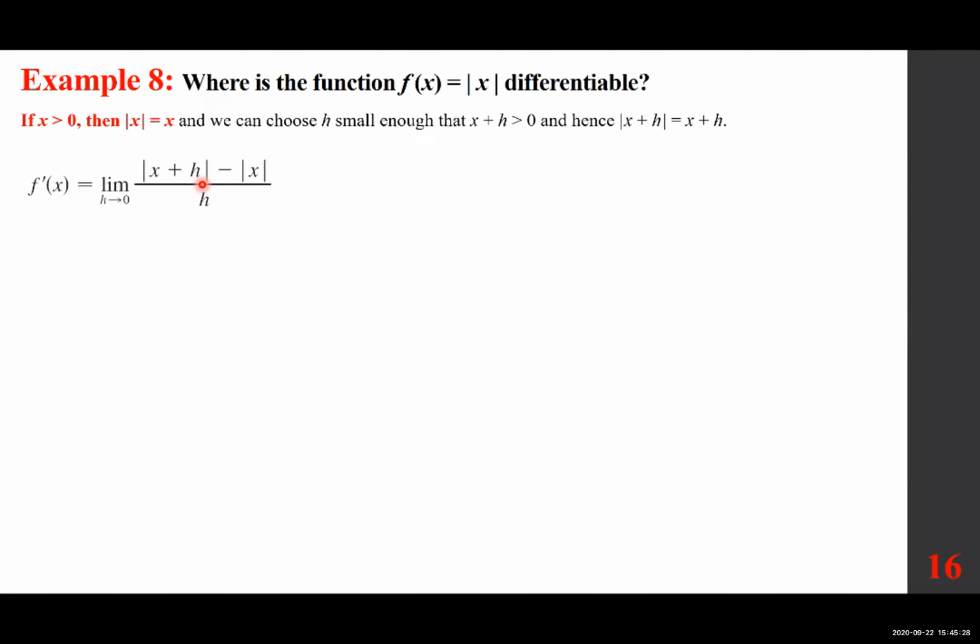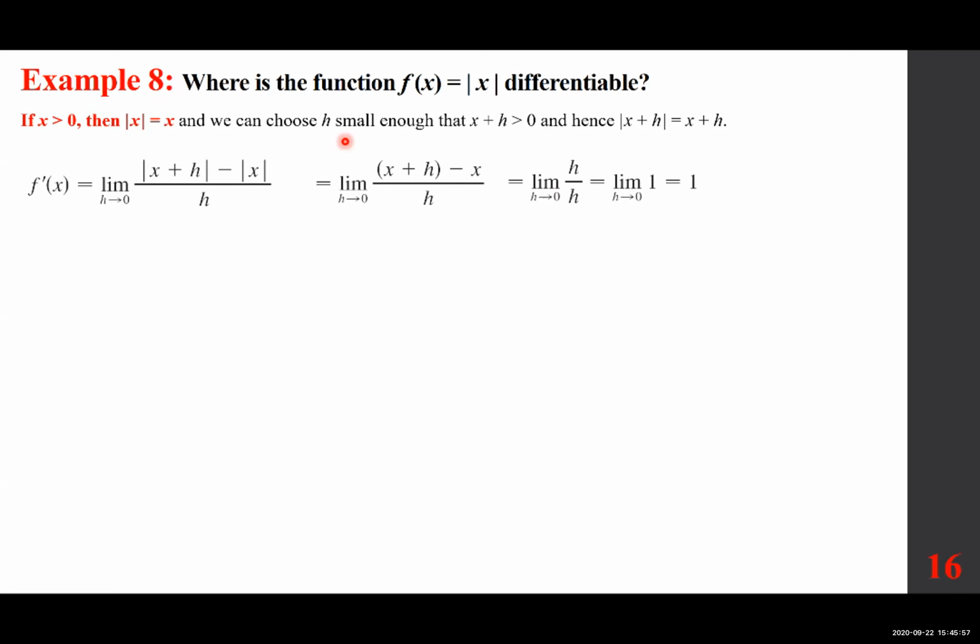And so that's why it's important to see that absolute value of x plus h is the same as x plus h if x is positive. The reason why, because h is extremely small, so it has no effect. And so it becomes this and this, and the answer is 1. So f prime of x is always 1 if x is larger than 0.